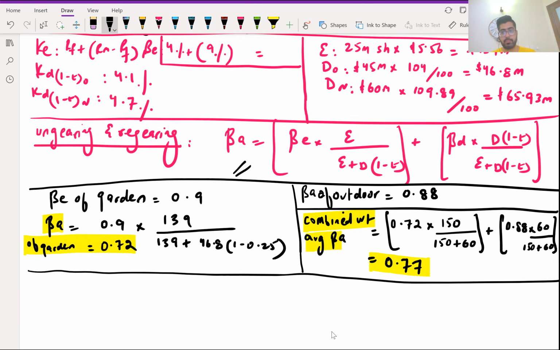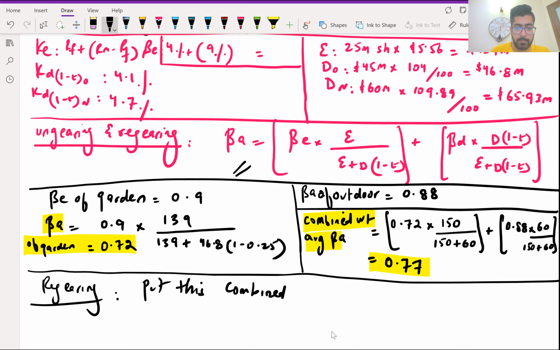So I had the beta asset of outdoor, I found the beta asset of garden, and then the weighted average beta asset. Once you have the combined weighted average beta asset, this is ungearing, then you do regearing. Put this combined beta asset in new results.